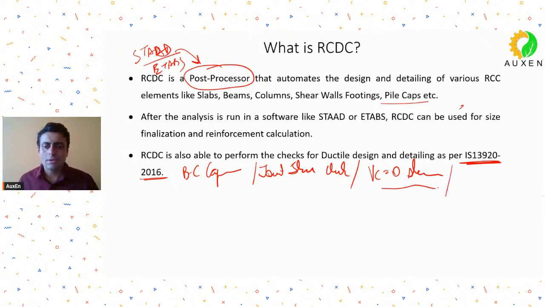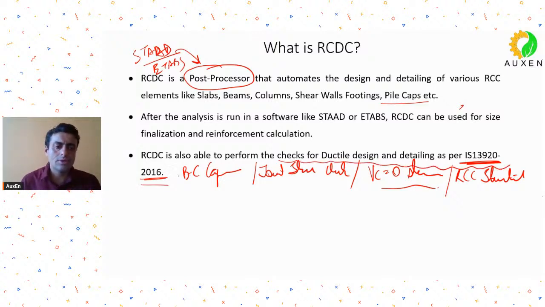There were some clauses introduced for RCC structural walls also, or what we can call shear walls. So after all these new clauses were introduced, the current RCDC is able to correctly calculate the checks and the design required for the new IS 13920 also. This is a big advantage that RCDC now offers.